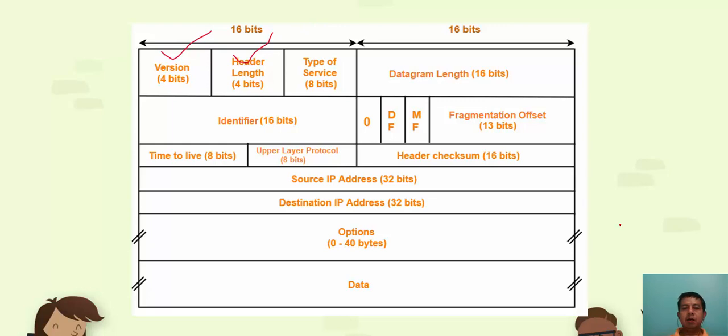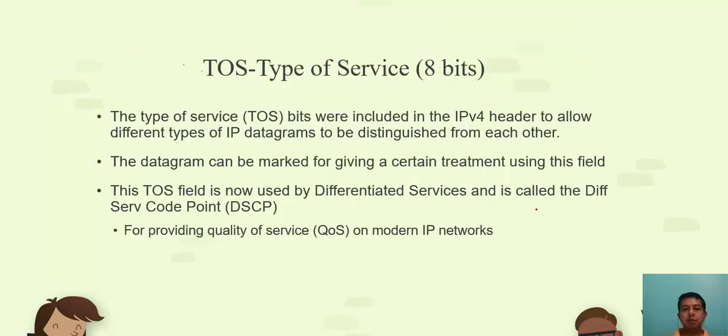Next we will discuss the type of service field. The type of service field, popularly shown as TOS, was introduced in IPv4 to allow different types of IP datagrams to be distinguished from each other. Now what is the meaning of it? The people who developed IPv4 initially thought that different applications have different requirements.